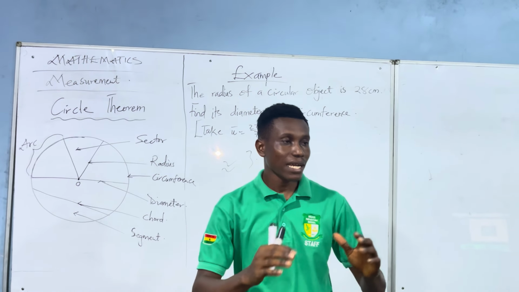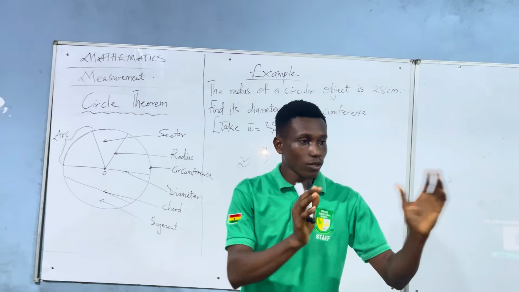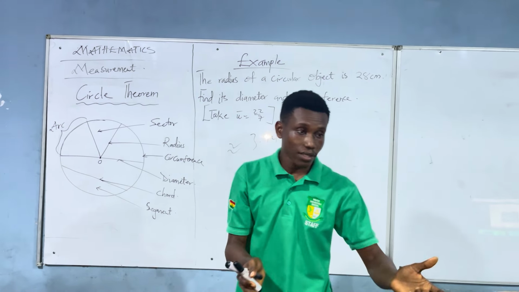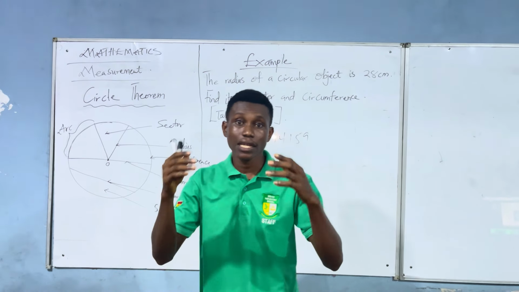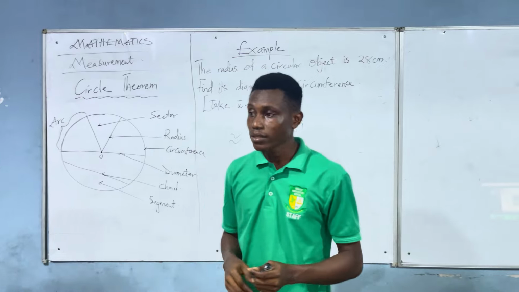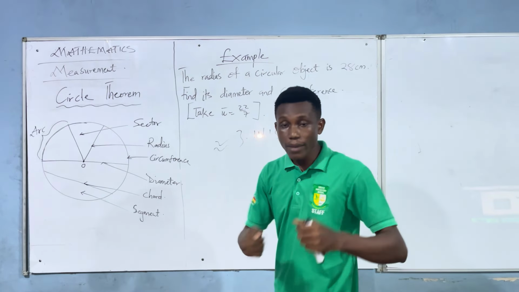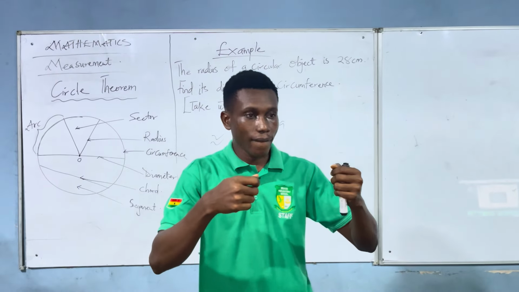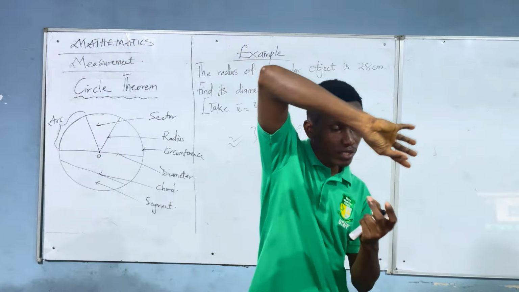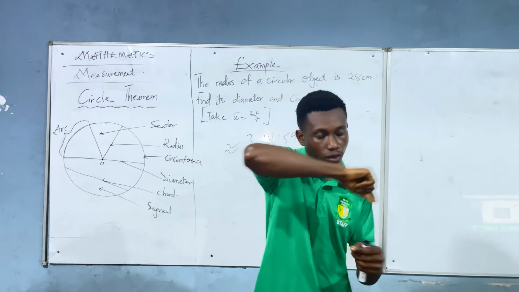If you can gather any circular or cylindrical objects like the milk can, like the Milo cans, and you use a tape measure, the flexible one, to measure the circumference, I mean how circular the thing is, the circumference of it.